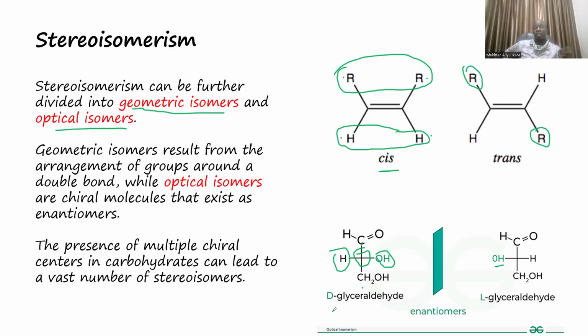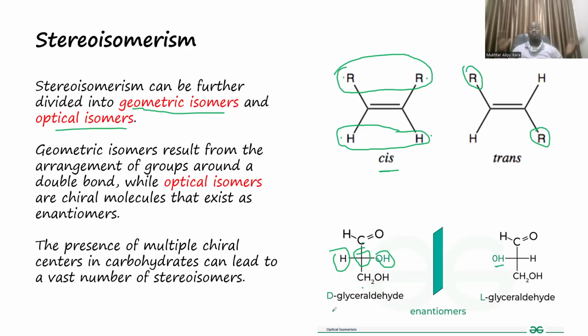Most of the carbohydrates found in living organisms, like in humans, are in the form of the D isomer. D-glyceraldehyde is an example of a carbohydrate that has the OH group on the right side, and L-glyceraldehyde has the OH group on the left.